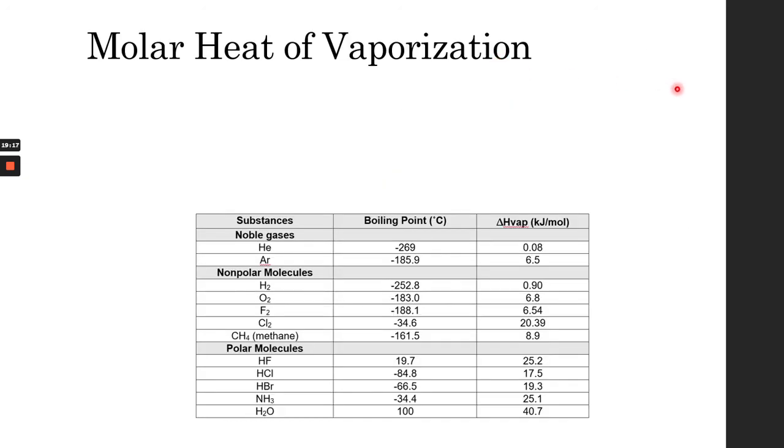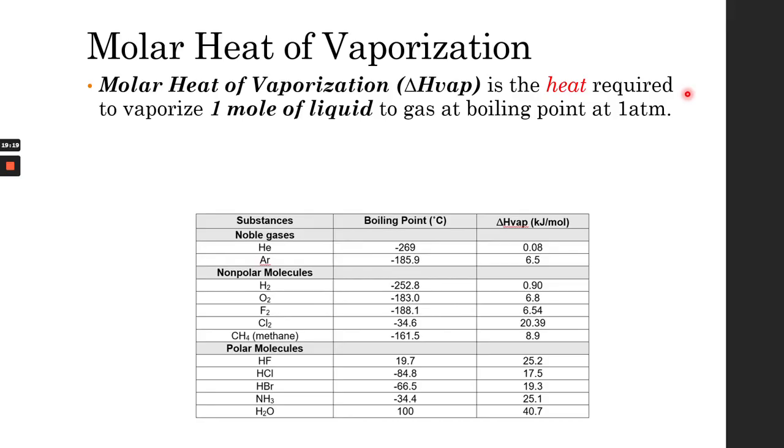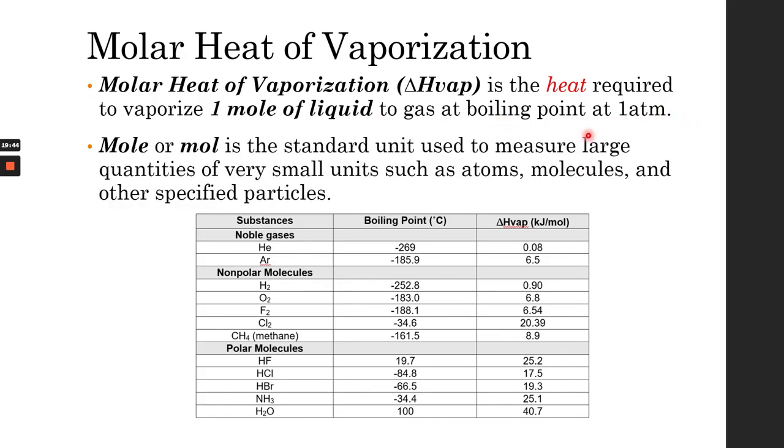Lastly, is molar heat of vaporization. Molar heat of vaporization, which we call delta H vap, is the heat required to vaporize 1 mole of liquid. When we talk about heat here, we're not talking about temperature, we're talking about energy. So it's the amount of energy you require to vaporize 1 mole of liquid to gas at boiling point at 1 atmosphere, meaning at sea level.